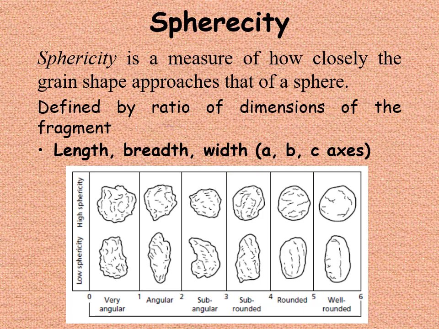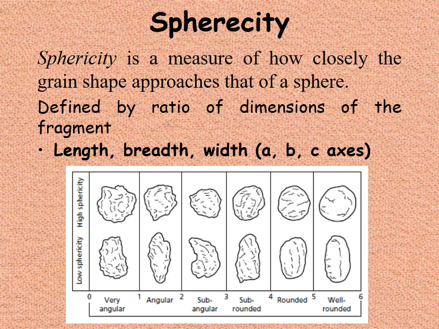Here the A, B and C axes are almost close to each other. The grain may be angular, but the sphericity value is high. But here the grain is rounded, and the sphericity value is also high. Here the grain is moderately rounded, and the sphericity value is low. Here the grain is well rounded, but the sphericity value is low.